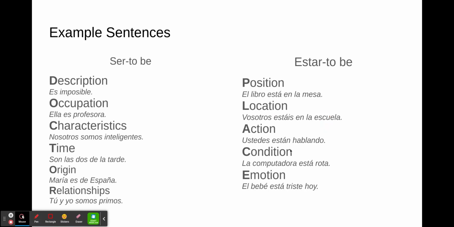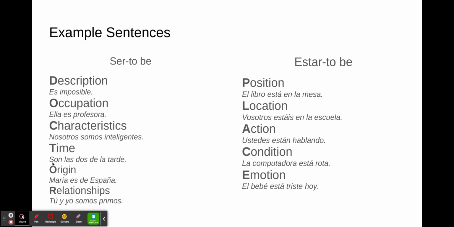Before we take a look at which ones we are going to be using this year, let's take a look at a few examples. So for example, of a description, I could say, es imposible, it's impossible. Occupation or someone's job, ella es profesora, she is a teacher. Characteristics of people, nosotros somos inteligentes, we are intelligent.